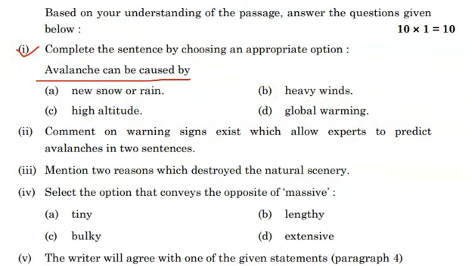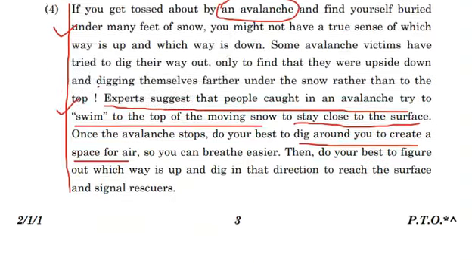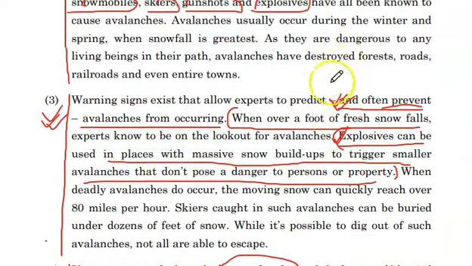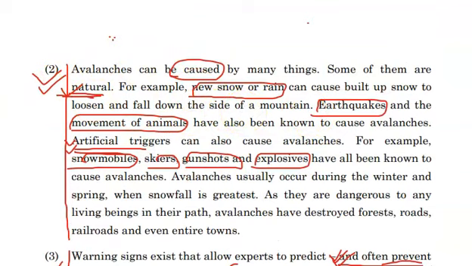So an avalanche can be caused by, your answer will be A, new snow or rain, because it is given here. Check. So you do one thing, you write here 1. The writer has set the first question from this point. In this way you will be learning analysis.